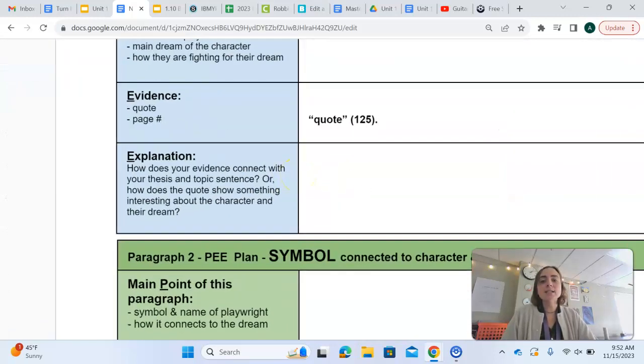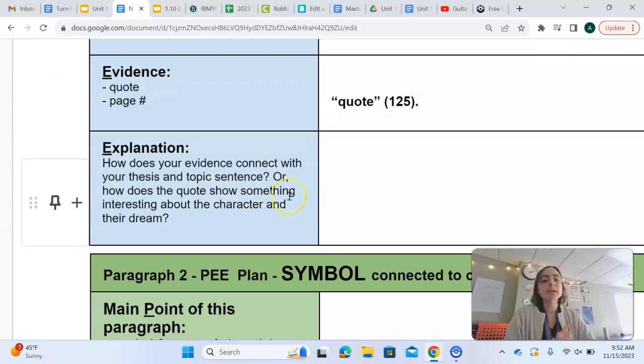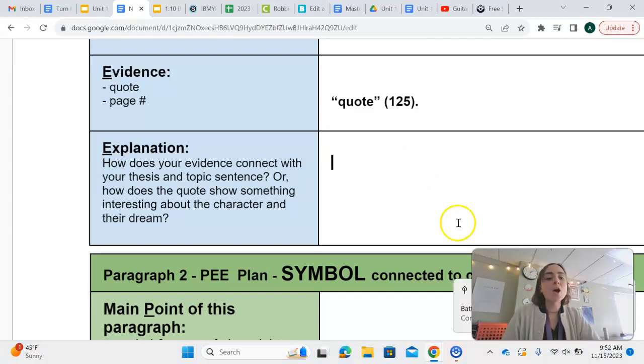Then you're going to get to the explanation. This is where you need to explain in your own words how this quote supports your thesis statement and your main topic. So if you're arguing that Walter's dream is investing in the liquor store to support his family, you need to show us how your quote supports this idea that that's Walter's dream.